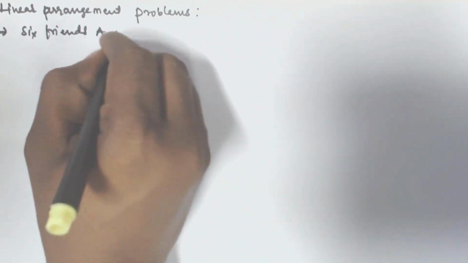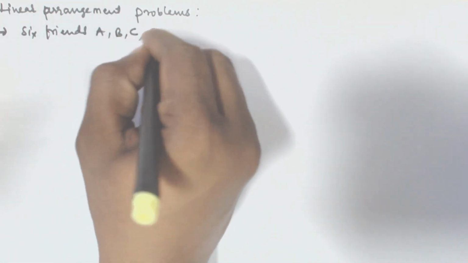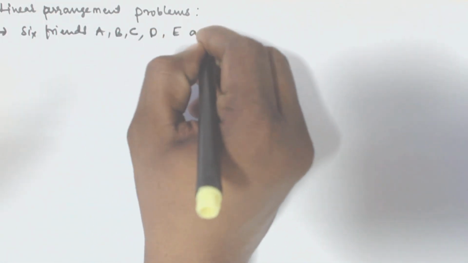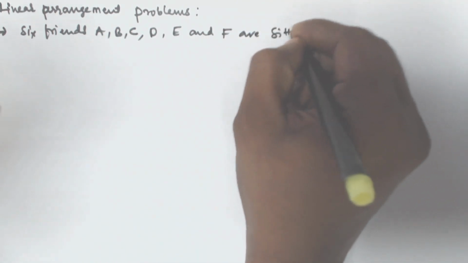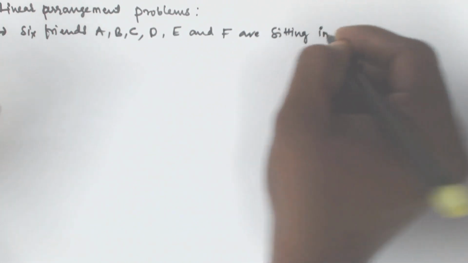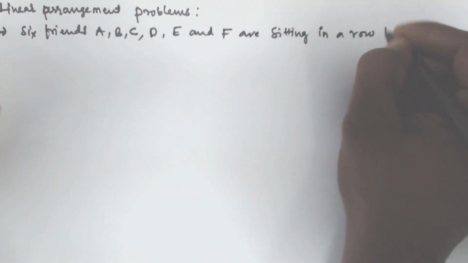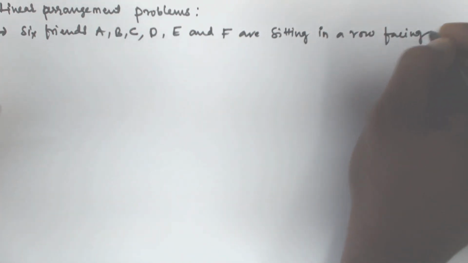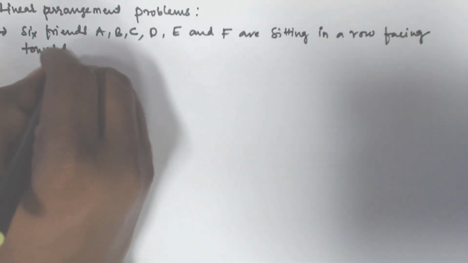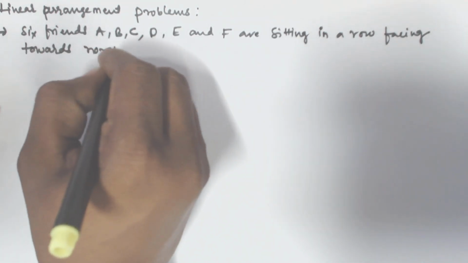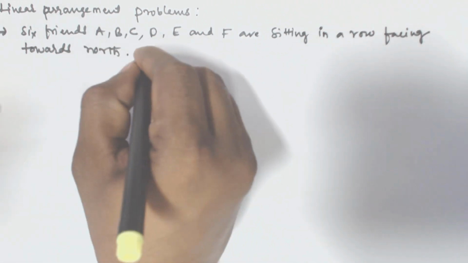Okay, and the problem is: six friends A, B, C, D, E and F are sitting in a row facing towards north.